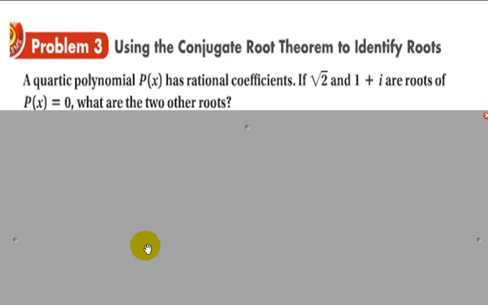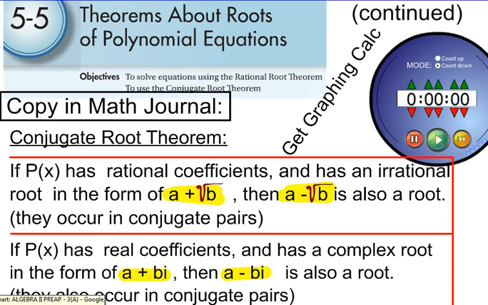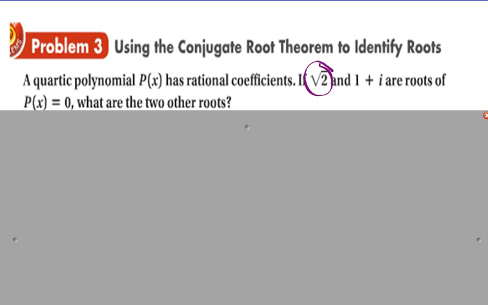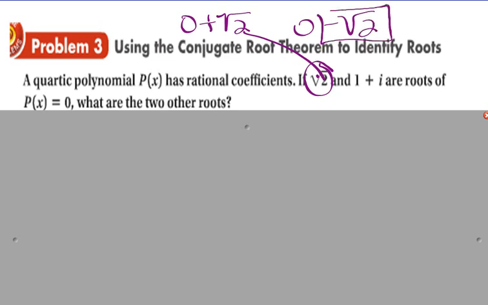Well, from the theorem we just learned, that one has the radical sign, so that's the a plus radical b. Our a is just 0, so we've got 0 plus radical 2. If that's a root, then 0 minus radical 2 is also a root. So we'll take off the 0. There's our first answer. Let's identify the other one, 1 plus i.